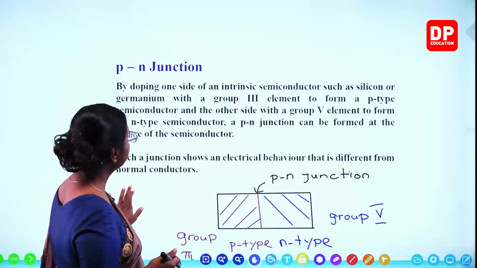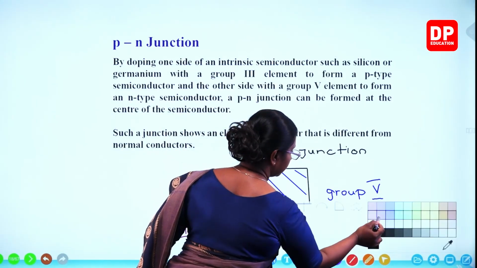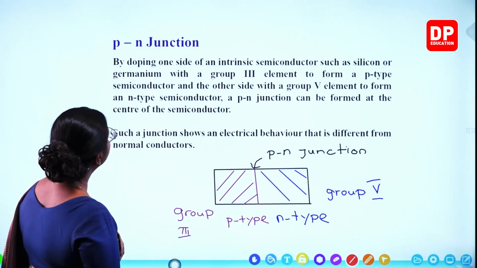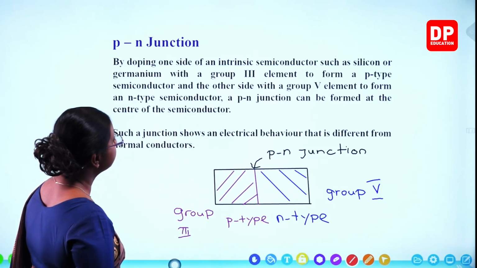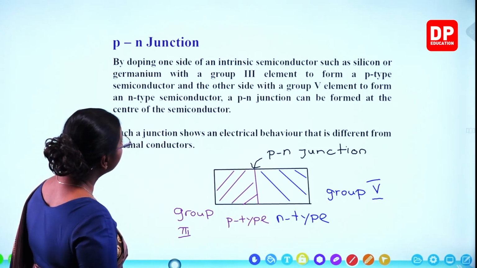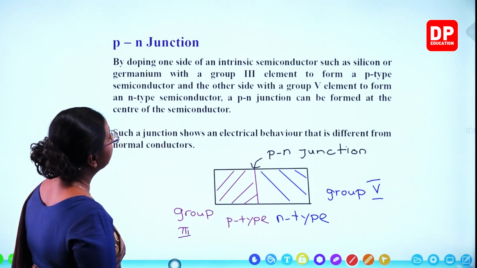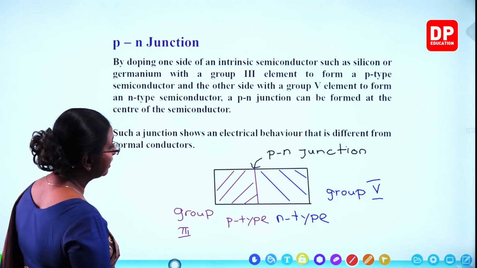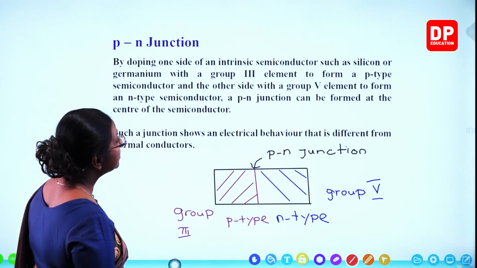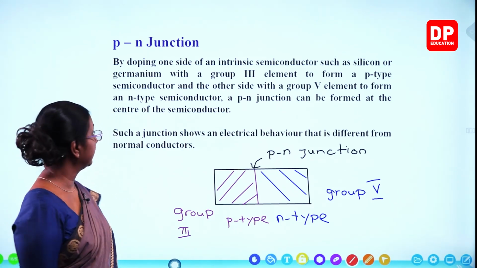So, if I read the note for you all, here you can see PN junction. By doping one side of an intrinsic semiconductor such as silicon or germanium with a group 3 element to form a P-type semiconductor and the other side with a group 5 element to form an N-type semiconductor, a PN junction can be formed at the center of the semiconductor.